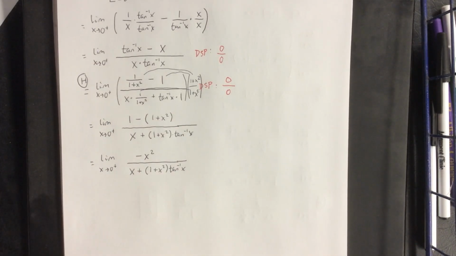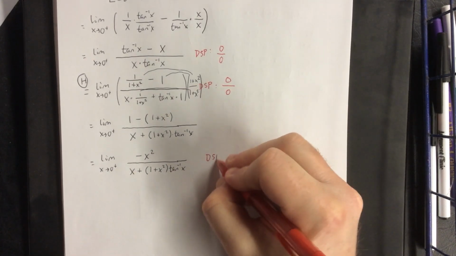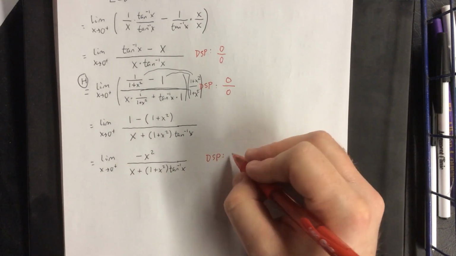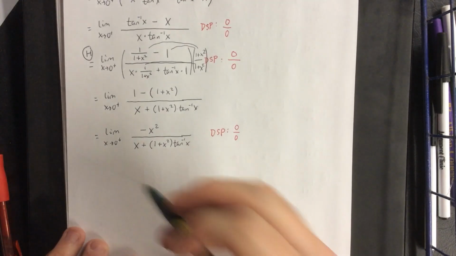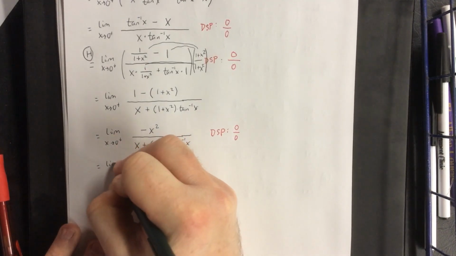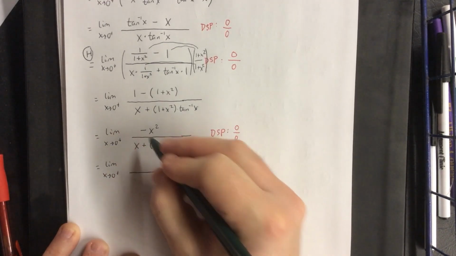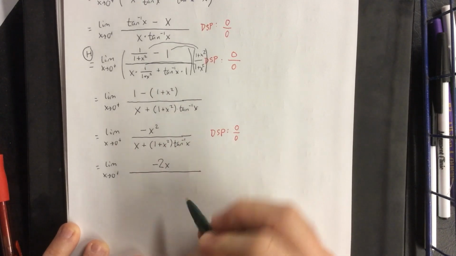If you were to attempt to use the direct substitution property at this point, that is still going to yield 0 on top and 0 plus 0 in the denominator, so we'll call that 0 over 0. We can apply L'Hopital's rule once again. L'Hopital's rule says take the derivative of the top. Derivative of negative x squared would be negative 2x.